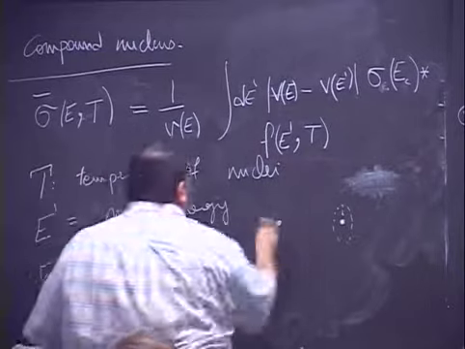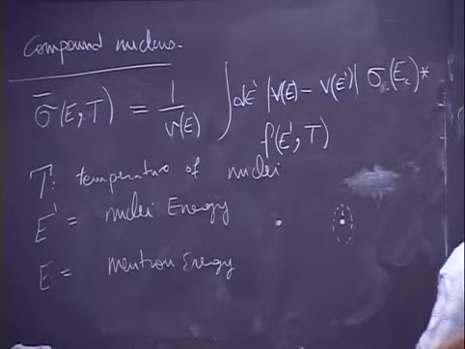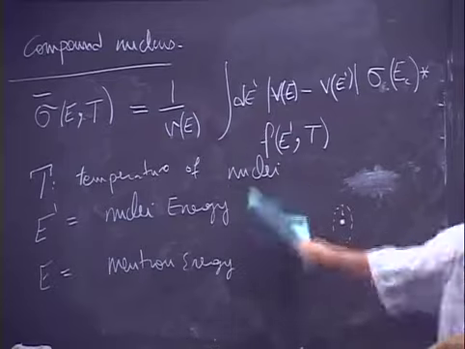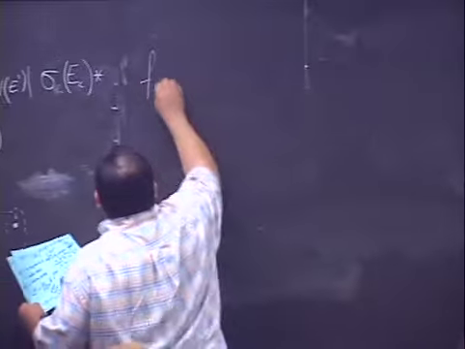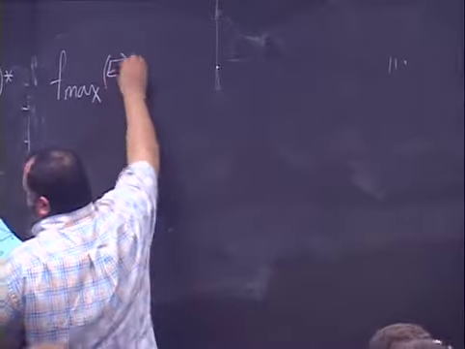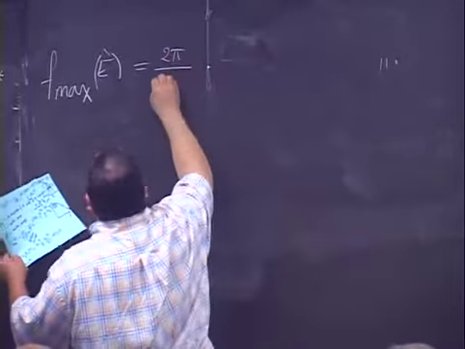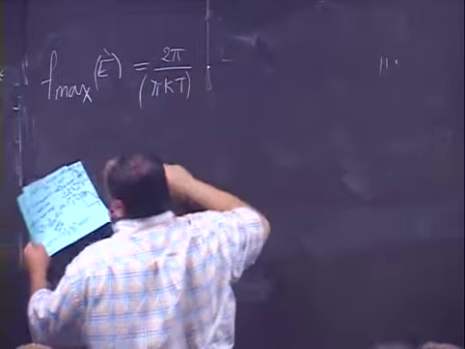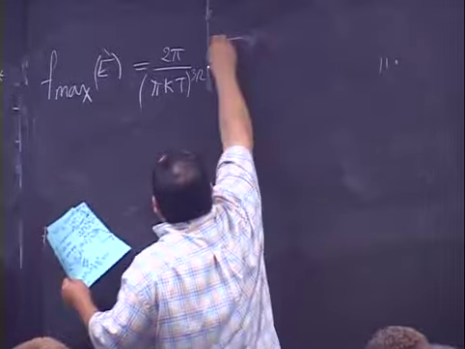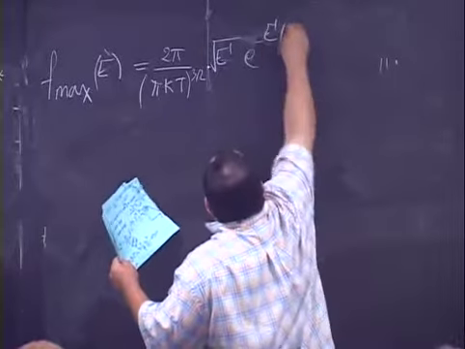So if f of E is a Maxwellian, now we can represent f of E. This is for any general f of E, any general distribution. So if it is Maxwellian, f Maxwellian as a function of E prime is equal to 2 over root pi, times 1 over kT to the power of 3/2, multiplied by the square root of the energy E prime, multiplied by e to the power of minus E prime over kT.